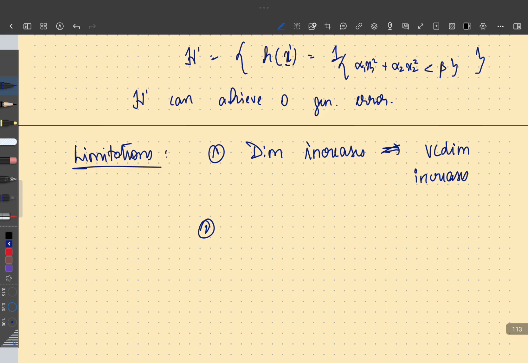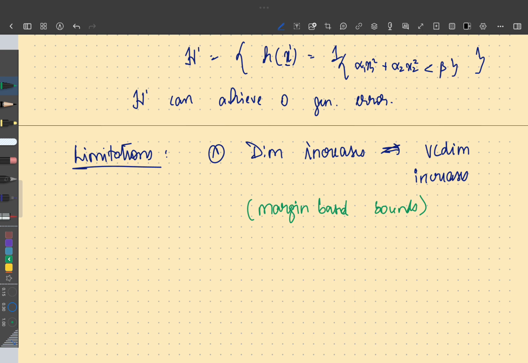So the VC dimension increases implies that our bounds on the generalization error also become weak. So one solution to this was already seen earlier. That is, instead of the VC dimension, if we have margin-based bounds, then we can obtain better bounds on the generalization error.